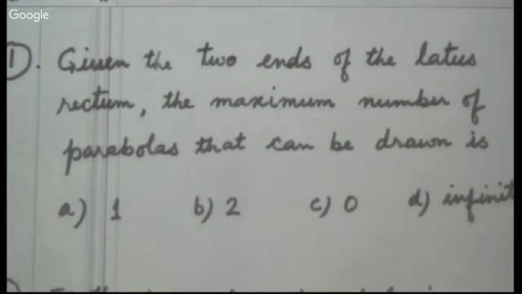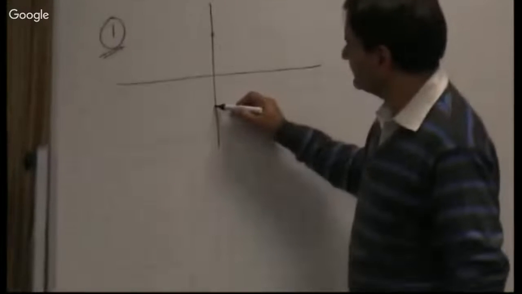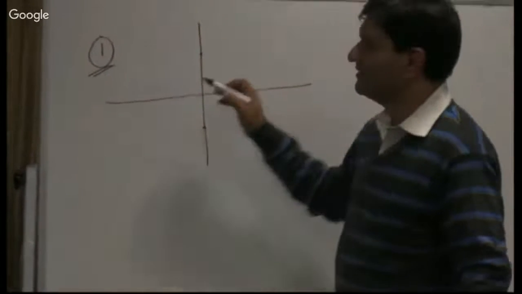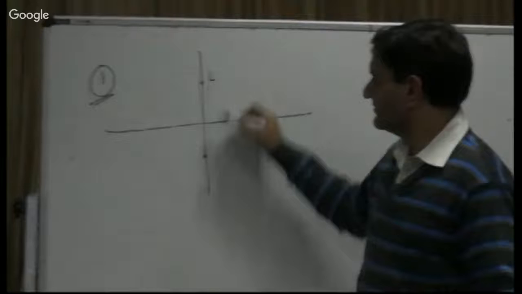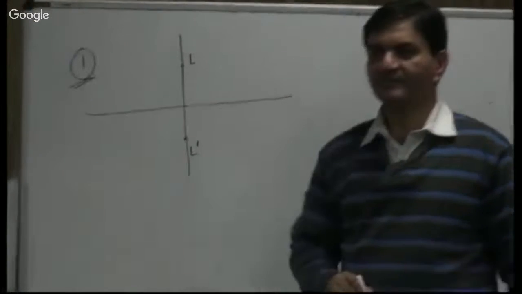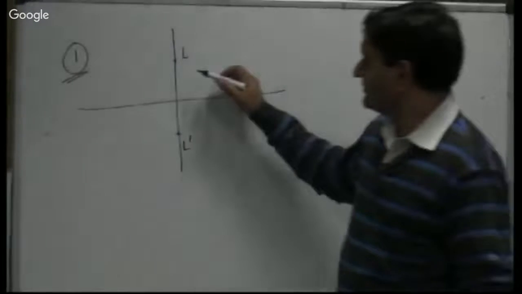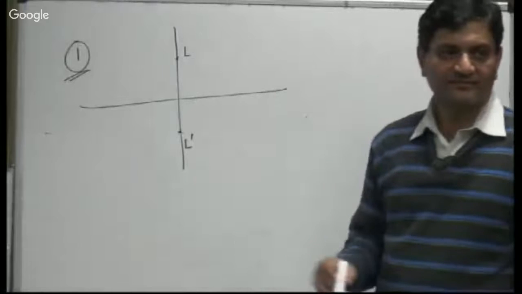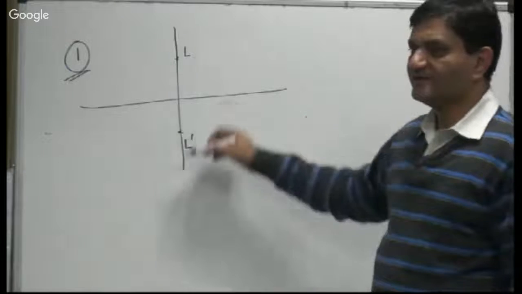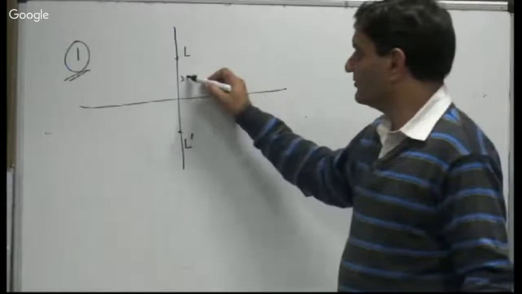See, let us say these are the two extremities of the latus rectum. Now, suppose this length is 4a. So this will be 2a and this will be 2a.